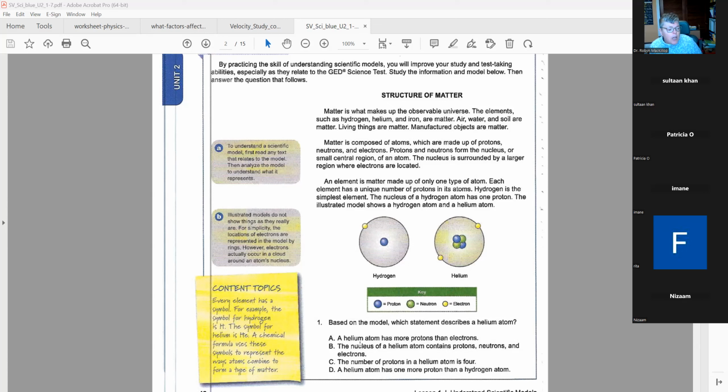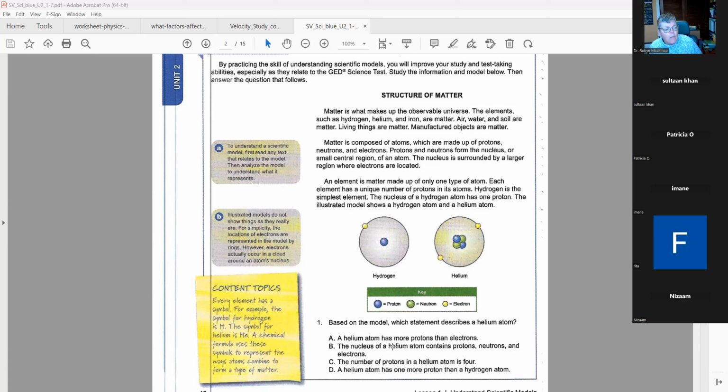So we'll check A. A helium atom has more protons than electrons. Here's a key. The proton is blue. The electron is yellow. Same over here. Helium has 2 protons, 2 neutrons, the green, and 2 electrons, the yellow.